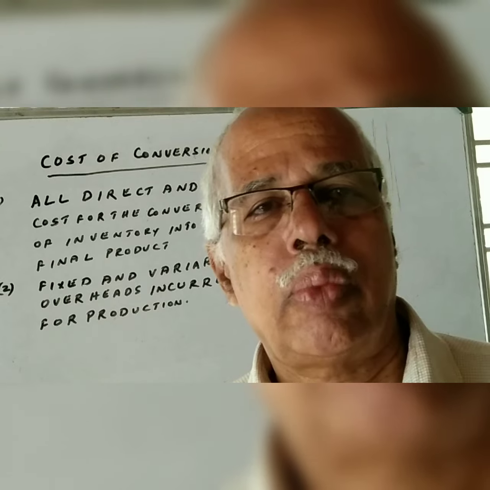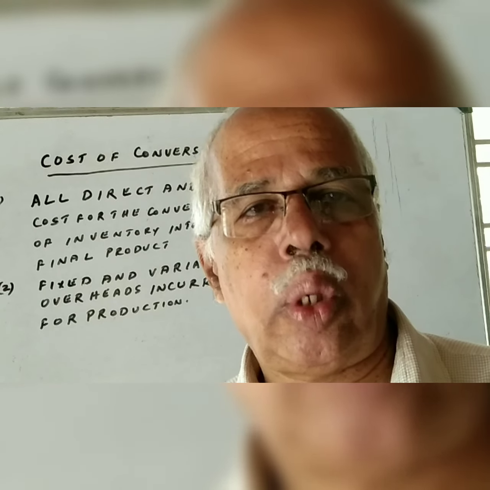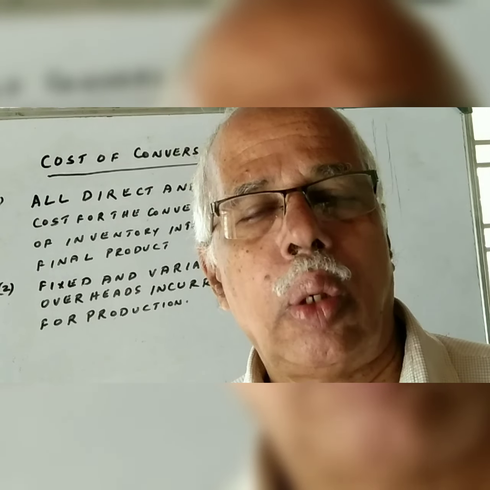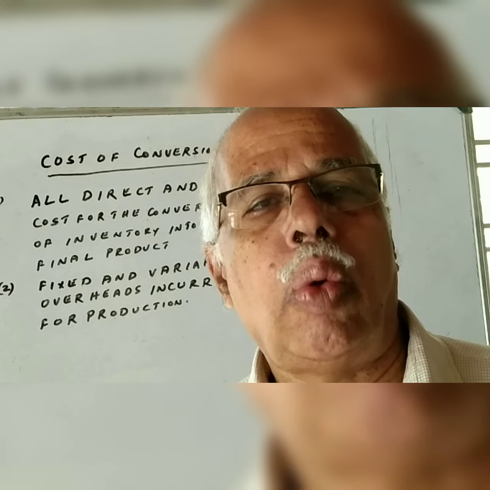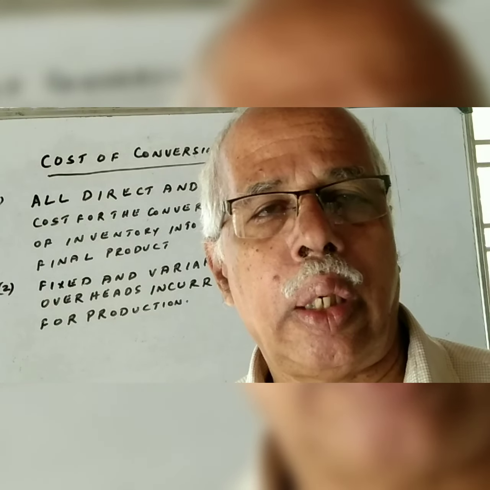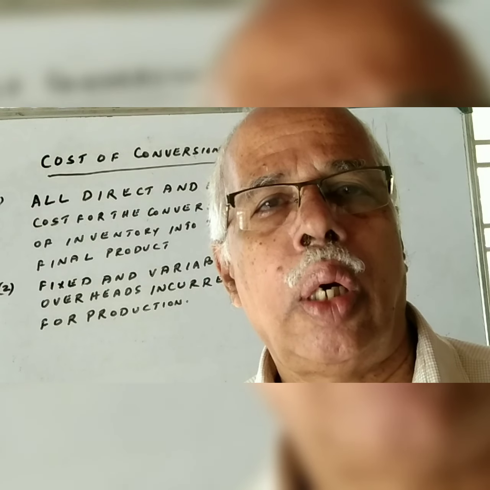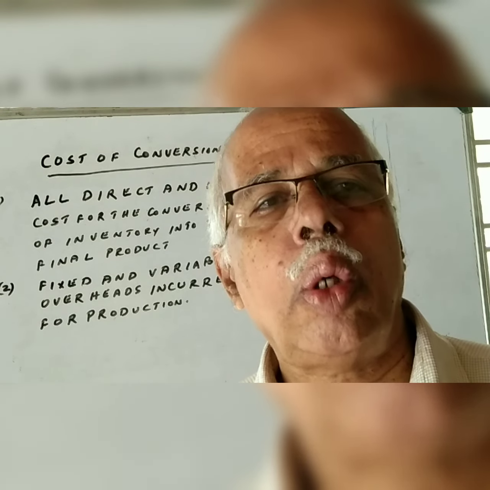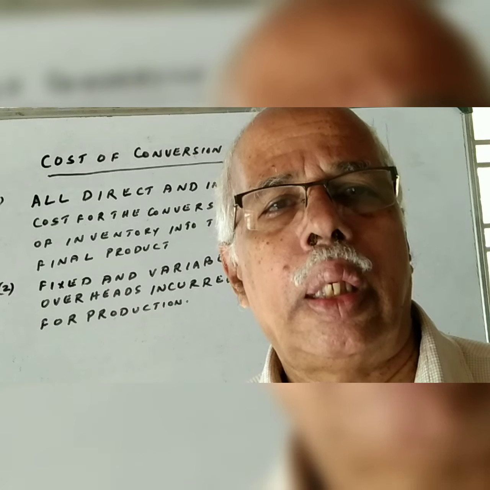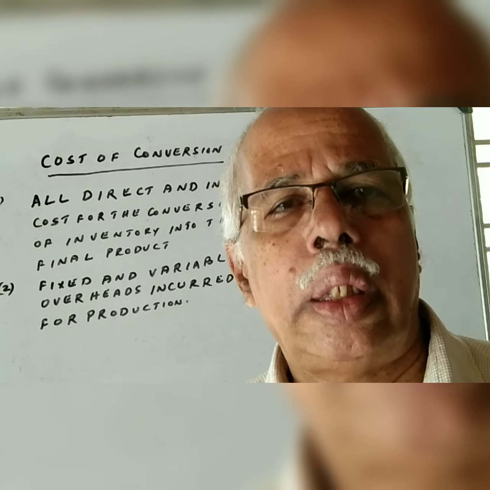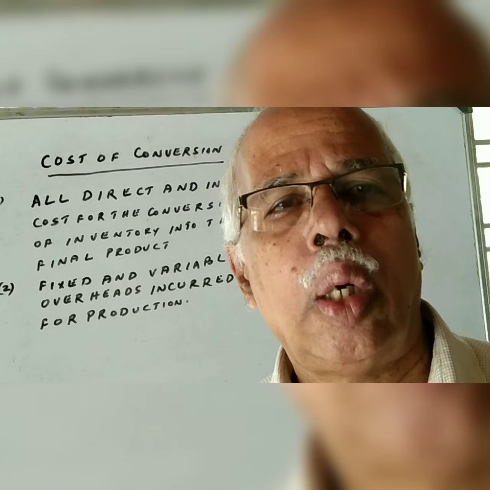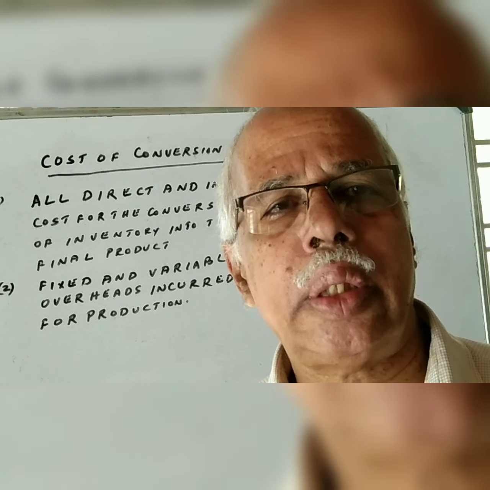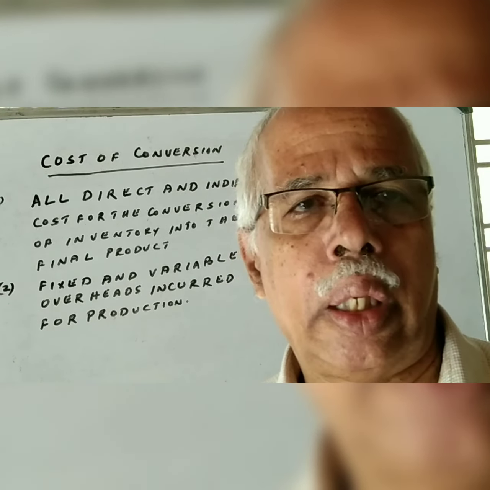We have already understood what the cost of inventory is. Now we will turn our attention to cost of conversion. Cost of conversion is nothing but the costs and overheads incurred by an entity to convert raw materials into final product.